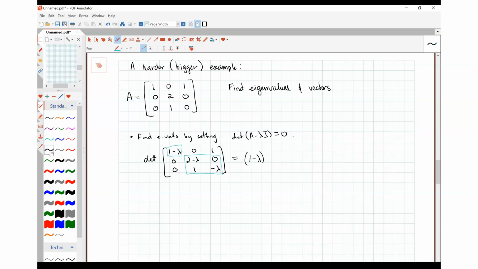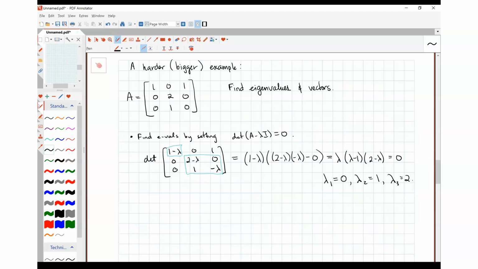So we'll have 1 minus lambda times 2 minus lambda times minus lambda minus 0. Oh, that's nice because this is already factored. If I take this minus sign and put it with that one, then I'll have lambda minus 1, and 2 minus lambda equals 0. So our eigenvalues are the solutions to these, and we have 3 of them. Lambda 1 equals 0, lambda 2 equals 1, and lambda 3 equals 2.